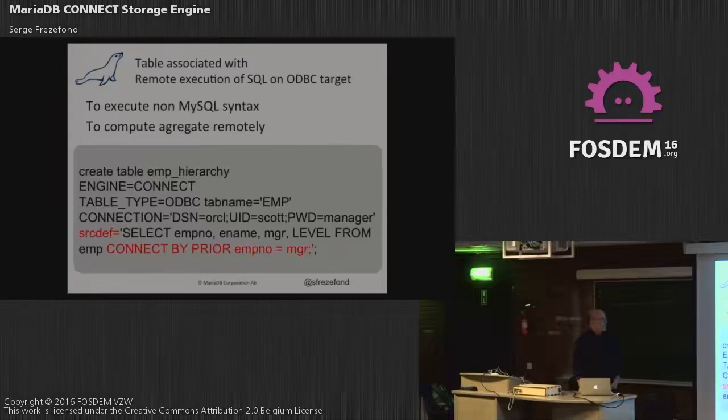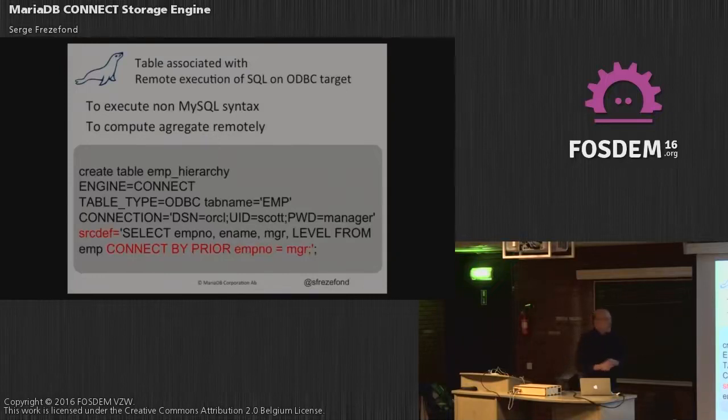Okay, so that's possible. So when you build a connect table through an ODBC driver, first of all, you can do auto-discovery, which is nice. So you create a table, you don't know the structure of the table, it will be auto-discovered. But what is very interesting is that you can build a table based on a remote query.